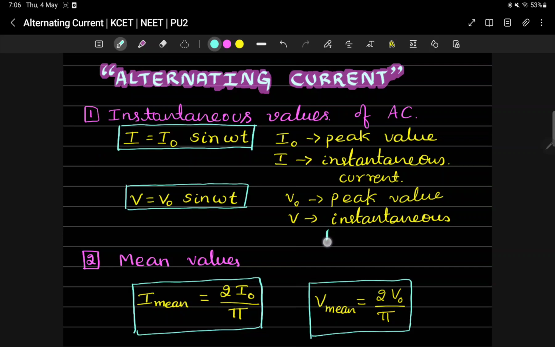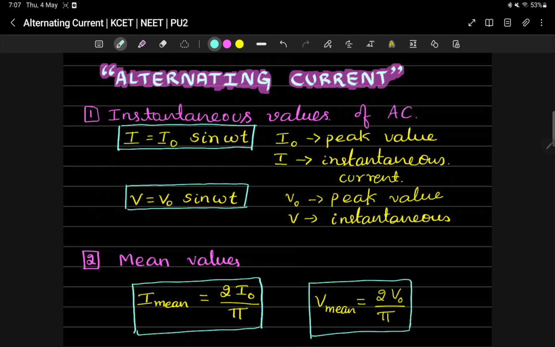Dear students, if you consider a sine wave like this AC, at a given particular instant, what is the current or voltage with respect to time? That is given by this particular formula for current, or if you want to represent voltage, you can represent it by this.